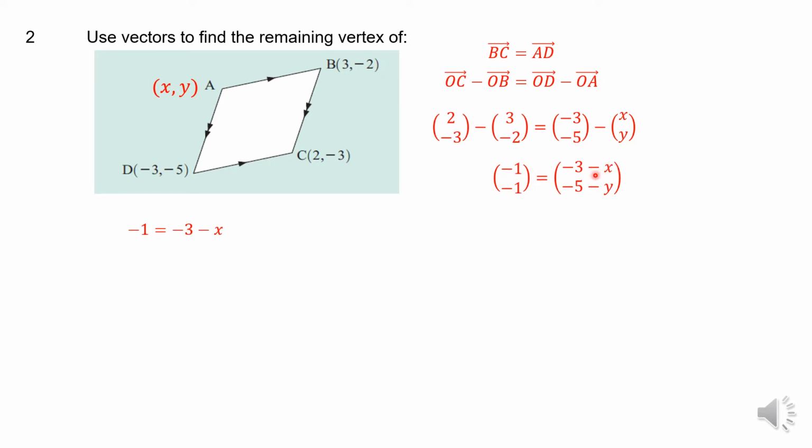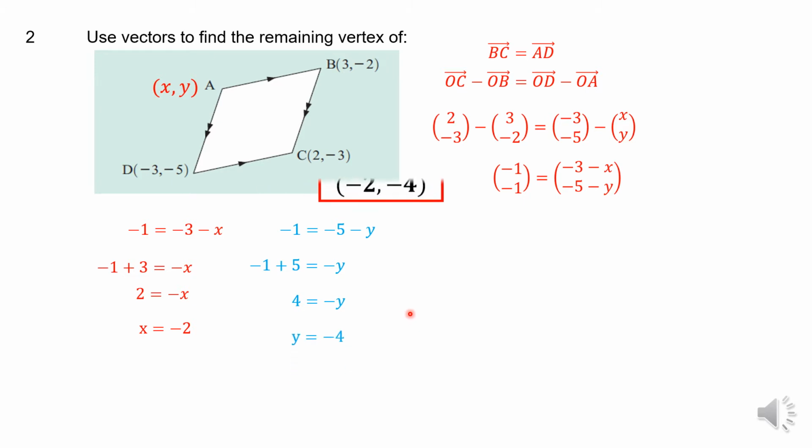I solve the equation, adding 3, then I divide by -2, so X will be -2. Then I do the same for the Y row: -1 equals -5 minus Y, you add 5 on both sides, and you divide throughout by -4. So the missing vertex is -2, comma, -4.